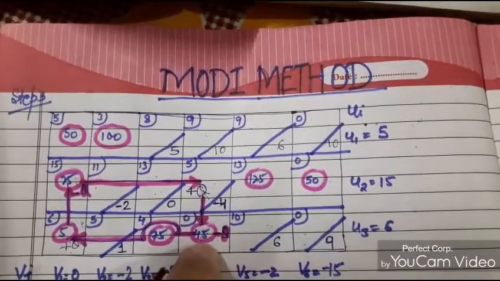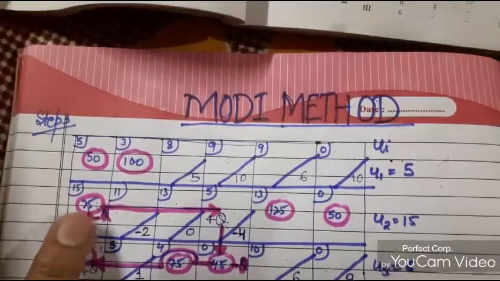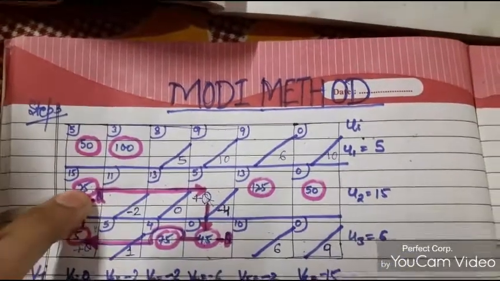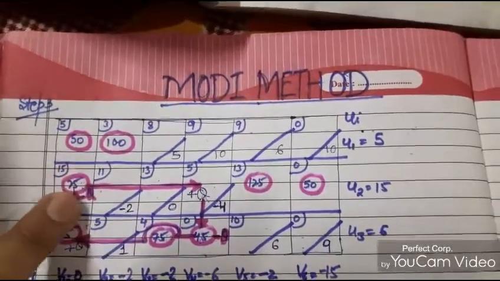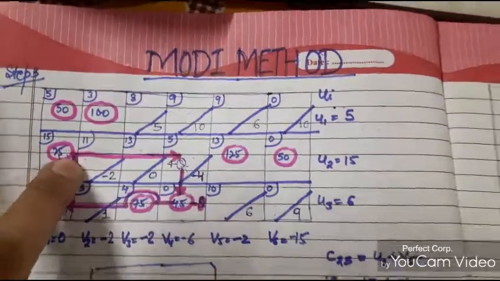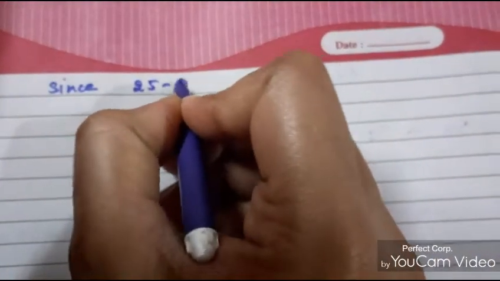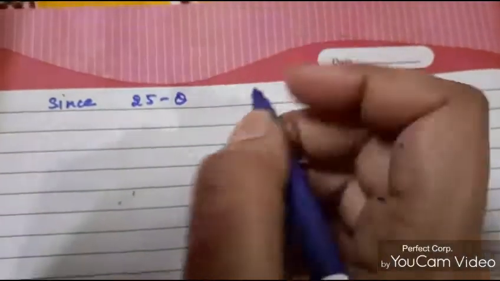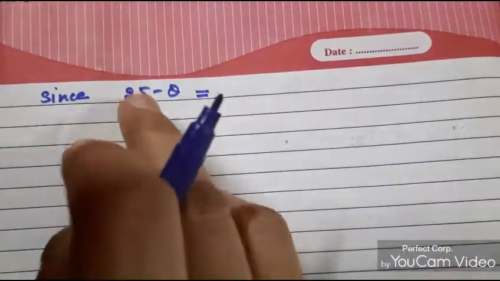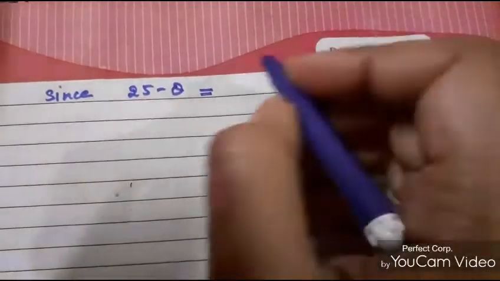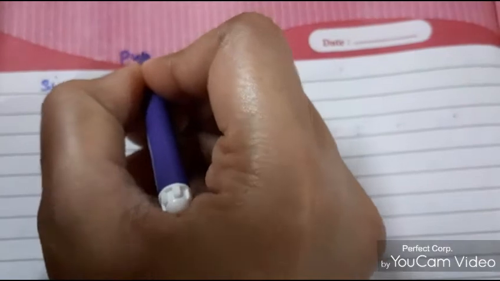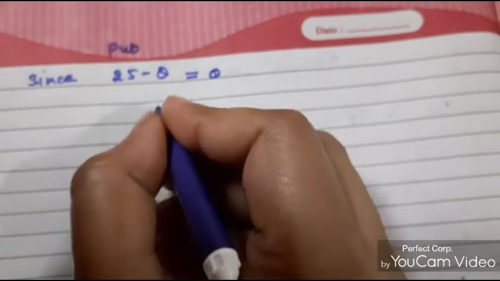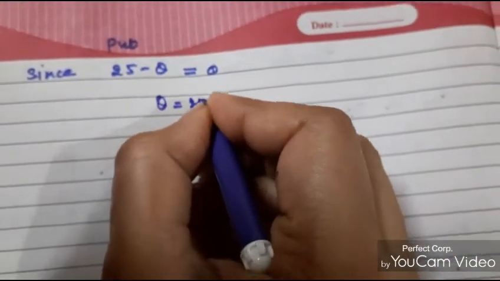Now we find the least negative theta. The least value is 25 minus theta. So we will put this value equal to 0 and find the value of theta. 25 minus theta equals 0, and on solving it you will get theta equals 25.